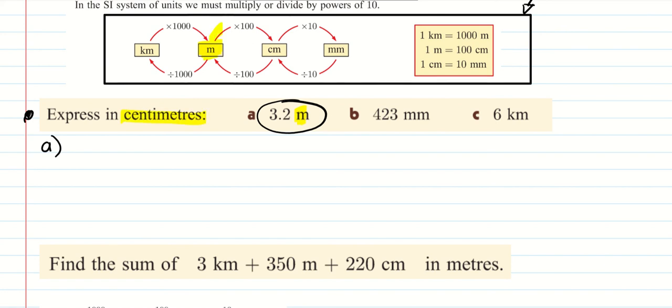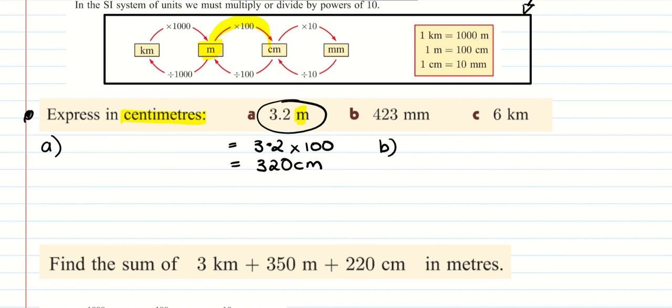So we need to follow this line at the top. And what I've highlighted there is to get from metres to centimetres, we times by 100. So that means that we've got 3.2 metres, and if we times that by 100, which means we move the decimal place 2 places to the right, we get 320 centimetres.